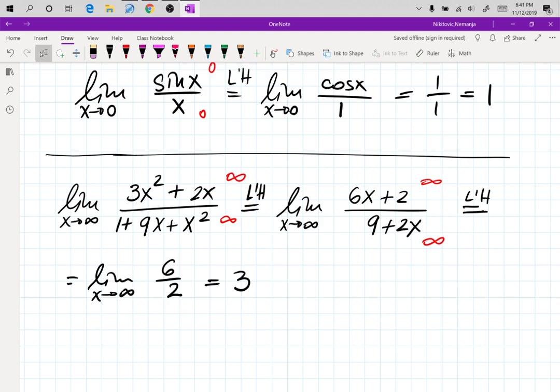The second problem is given as 3x squared plus 2x divided by 1 plus 9x plus x squared.